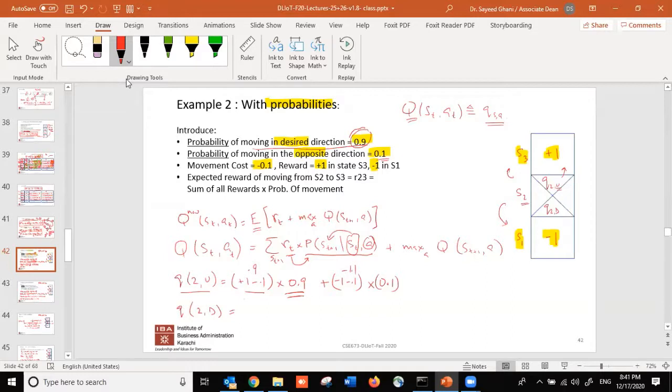Because we know that there's a movement cost as well. So this is what it would be, plus the maximum of where you end up. And we know that the maximum over here is 0 because the next state is a terminal state, you don't get any further rewards. So this comes out to be what? Can somebody do the math?